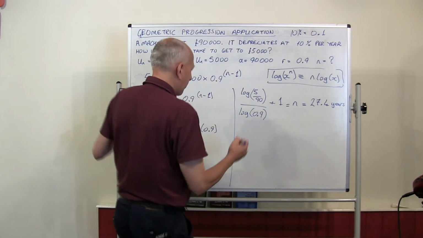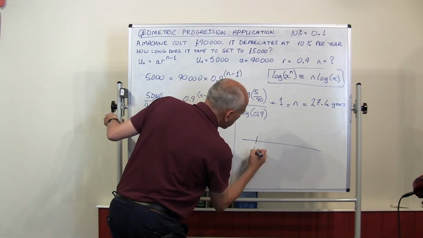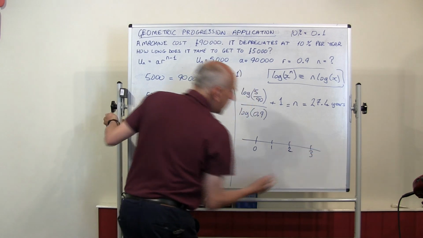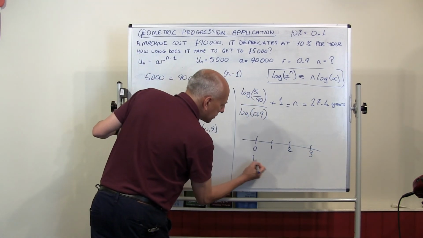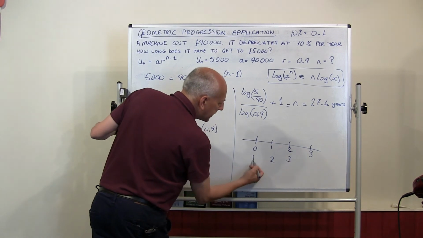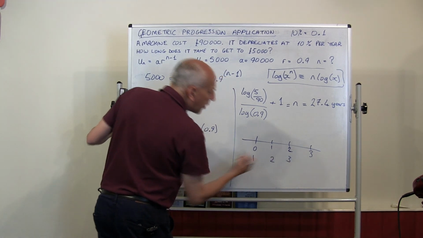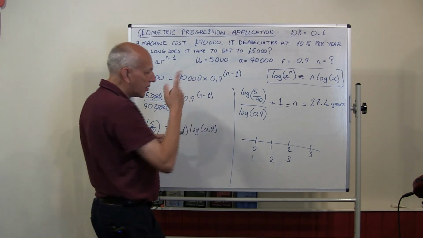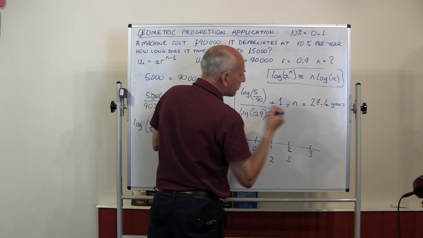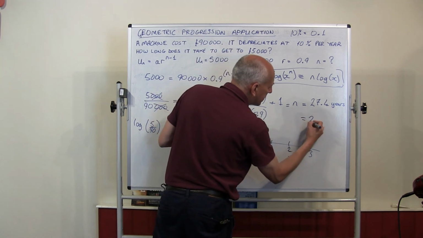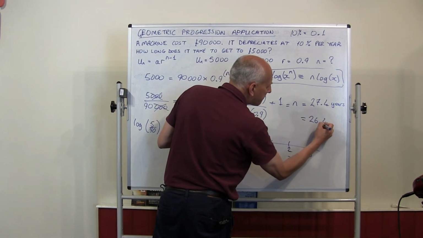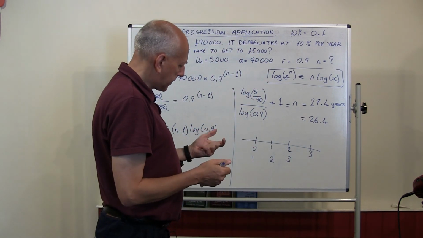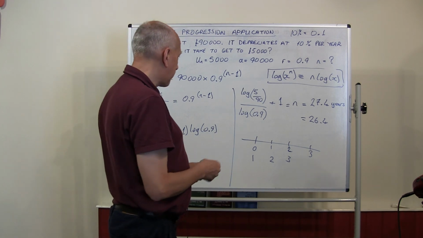If I put a number line in, we've got 0, then 1, 2, and 3, and that's actually where we started. So we need to take 1 off, and in actual fact, the accounting years would be 26.4. Near enough anyway, and that would be your final answer.